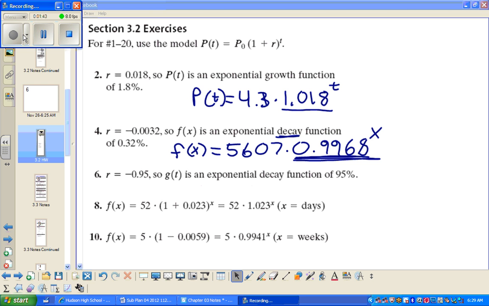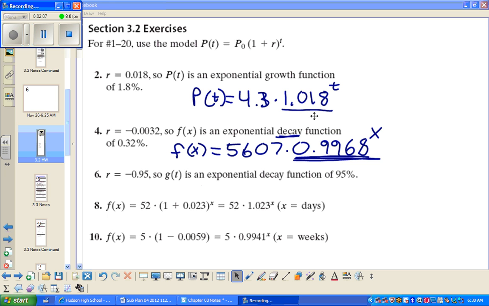And then the second part of that question was find the constant percentage rate of growth or decay. Well, remember, it's how far away from 1 you are as a percent. That's the percent rate of growth or decay. So in example 2, 1.018, well, that's 1.8% above 100.